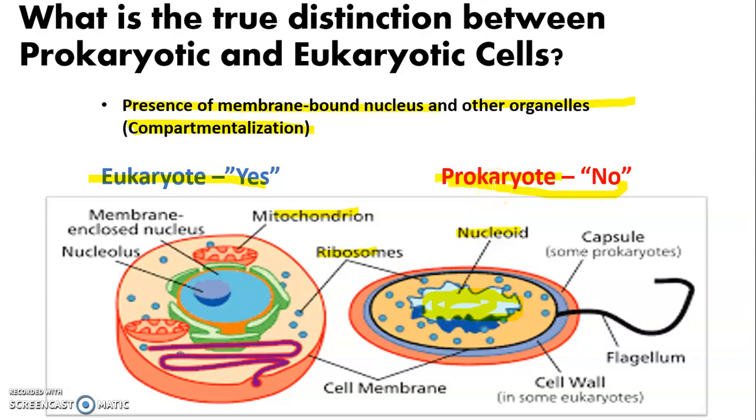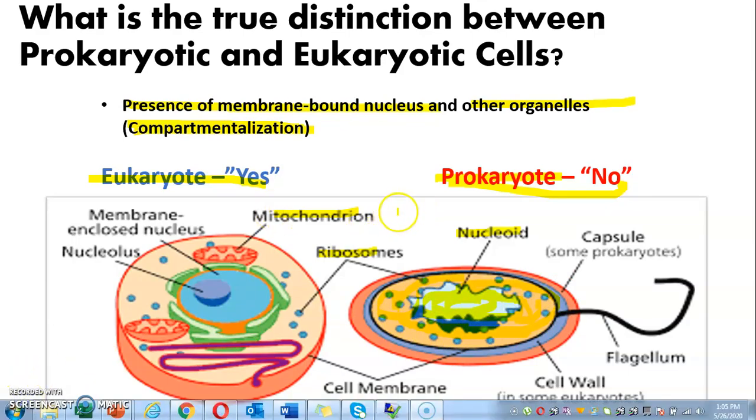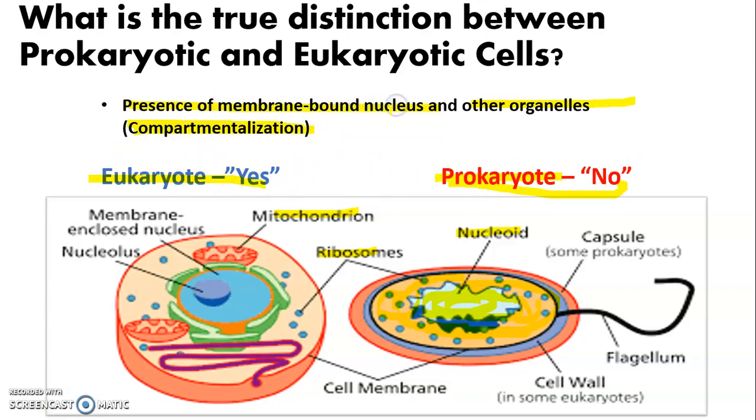So all the organelles in a prokaryotic cell are just scattered here in the cytoplasm of the cell. So again, that's the main distinction between eukaryotic cells and prokaryotic cells. The eukaryotic cell has a membrane-bound nucleus, also known as a true nucleus, whereas the prokaryotic cell has no membrane-bound nucleus or no true nucleus.